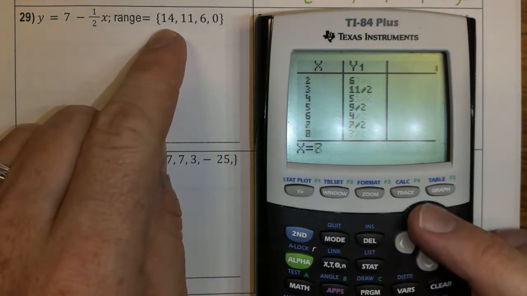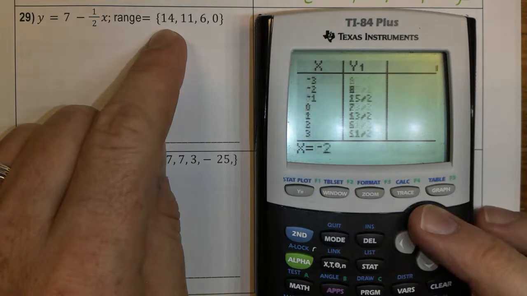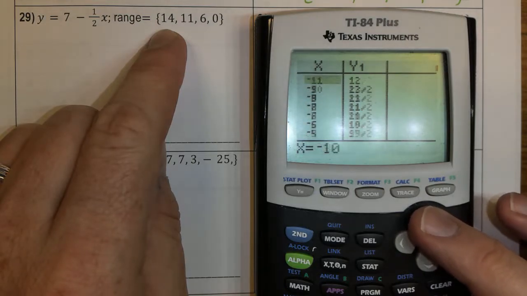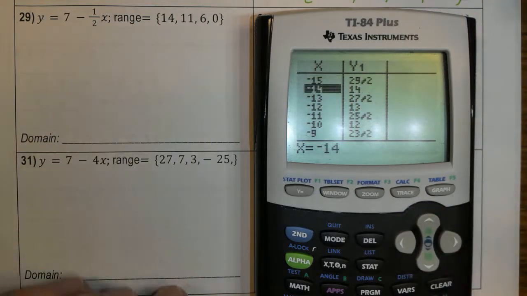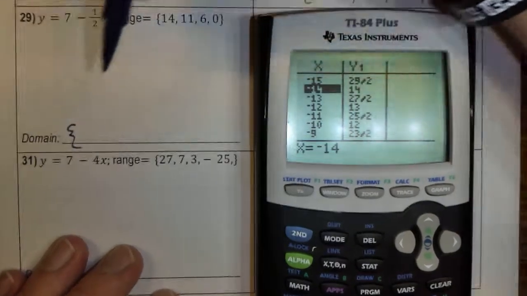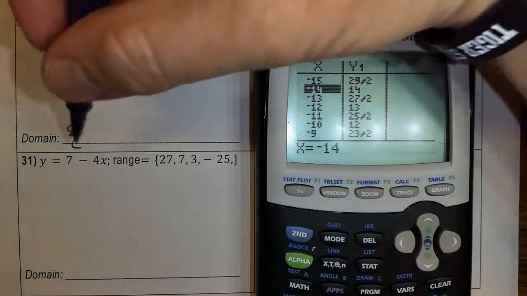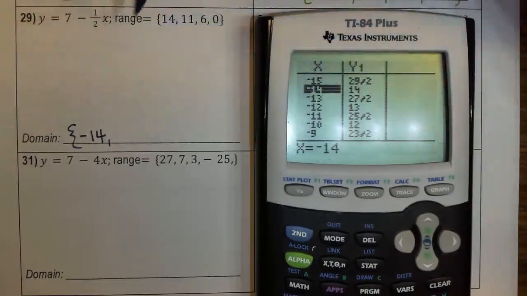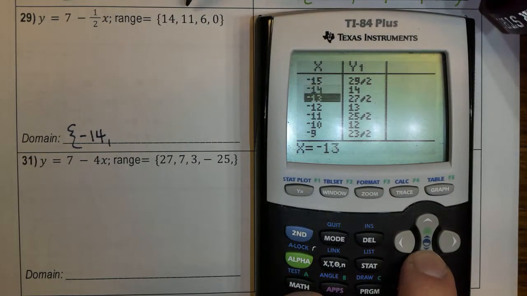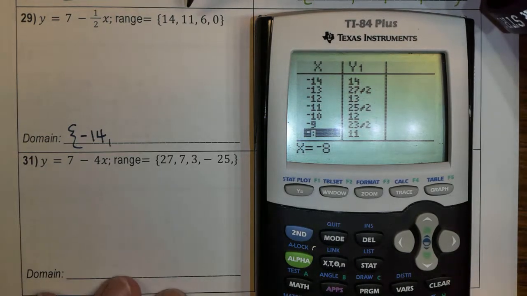and I want to find these four numbers. So my first one is 4. Oh, I need to go the other way. 14. 13. 14 is negative. Oh, I need my little fancy bracket. So when the range is 14, my domain is negative 14. Now I want to find 11, which should be right here.